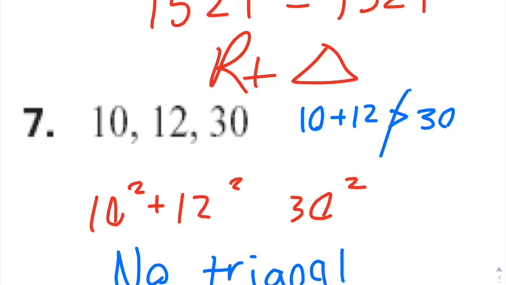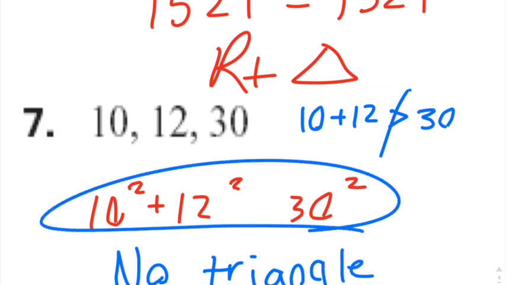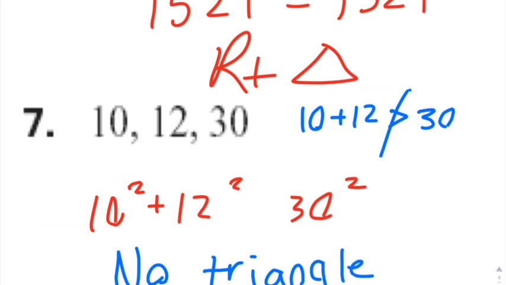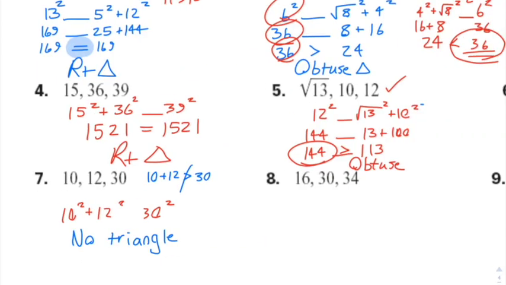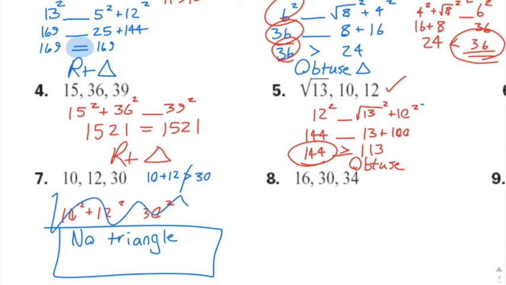You can't close up the sides here. If you can't make a triangle, there's no point in doing the Pythagorean Theorem converse to figure out the triangle classification. So just be careful on that.